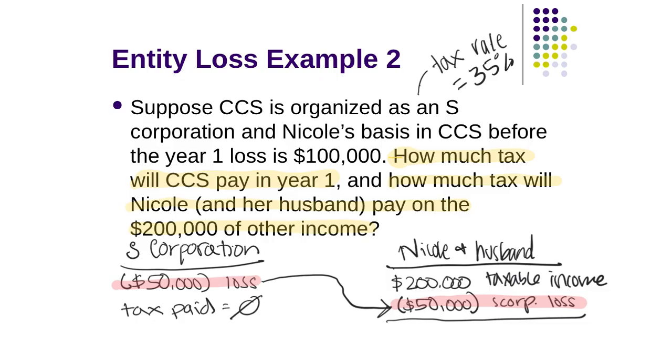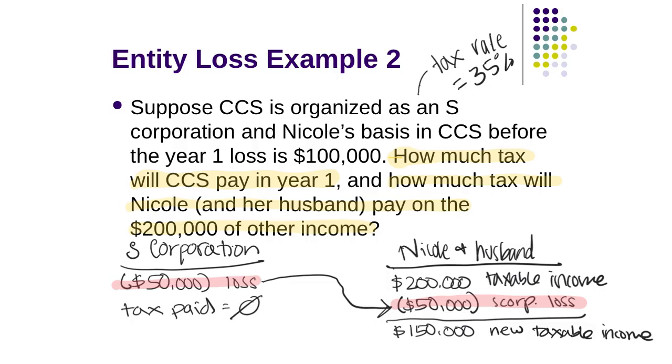So now their taxable income is only $150,000. So we'll say new taxable income.